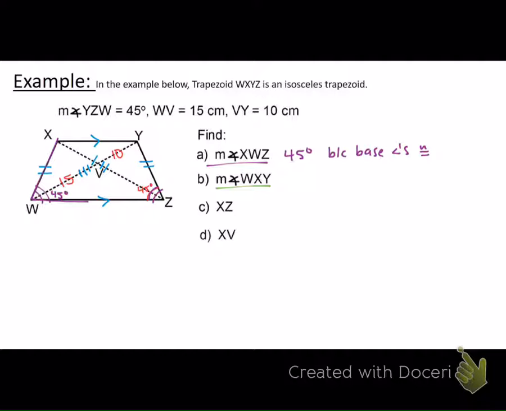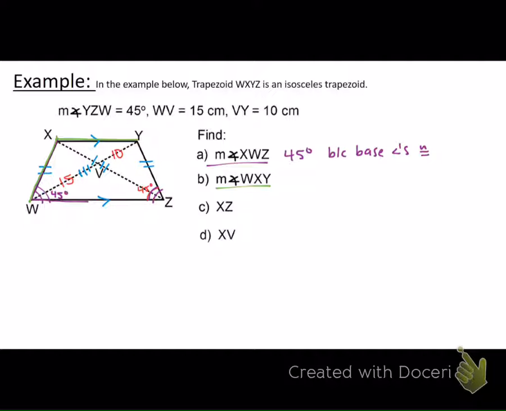How about the measure of WXY? How can we find the measure of WXY given our properties from the previous slide? What do we know about WXY from the previous slide that can help us find that angle measure? Consecutive base angles are, what does it tell you in the previous slide? Look up there.